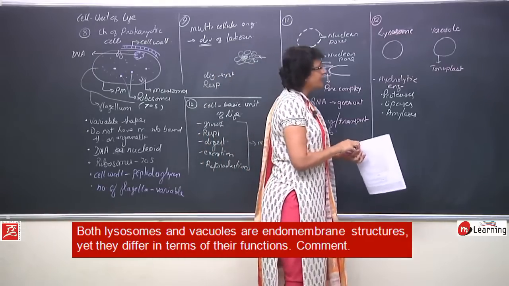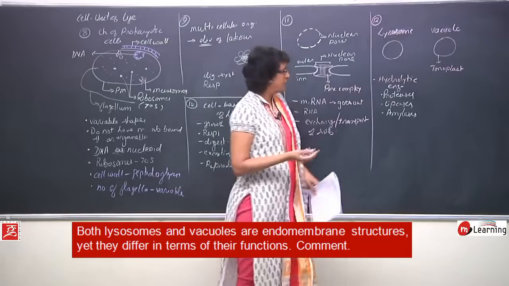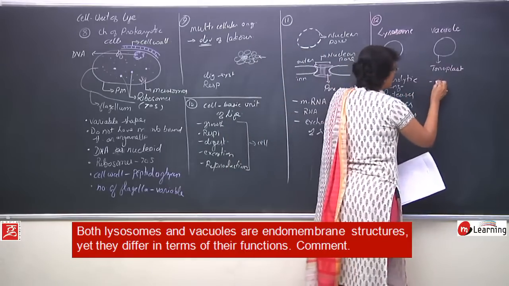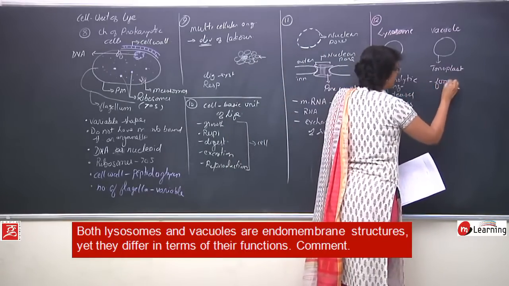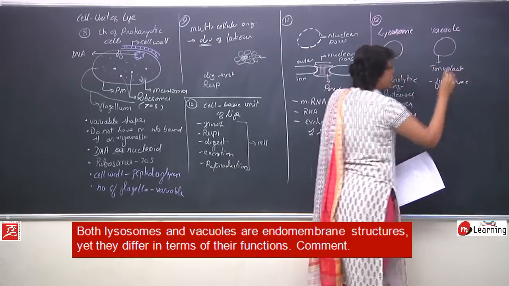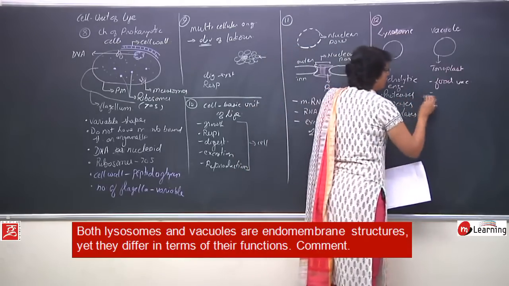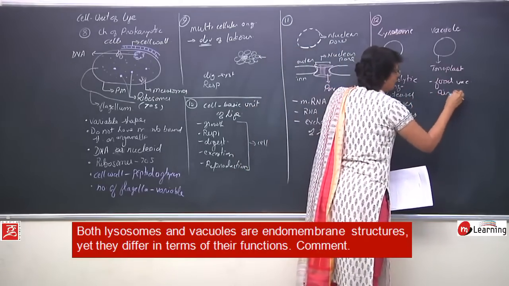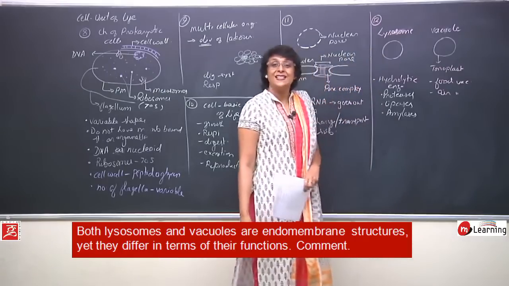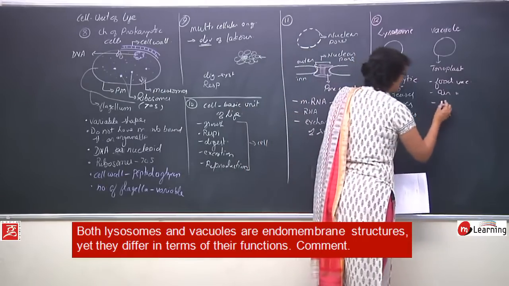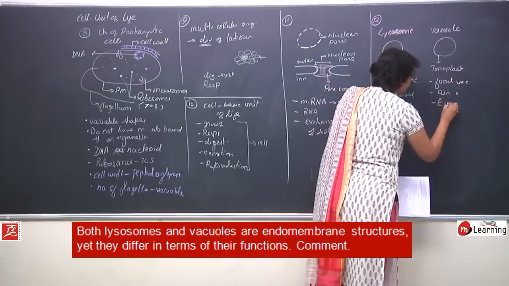What is present in the vacuole? There are multiple things. We talked about food vacuole, so they can store food. So it would be a food vacuole if some kind of food is present. It could be air vacuole. It could be excretory vacuole when some waste is accumulated.